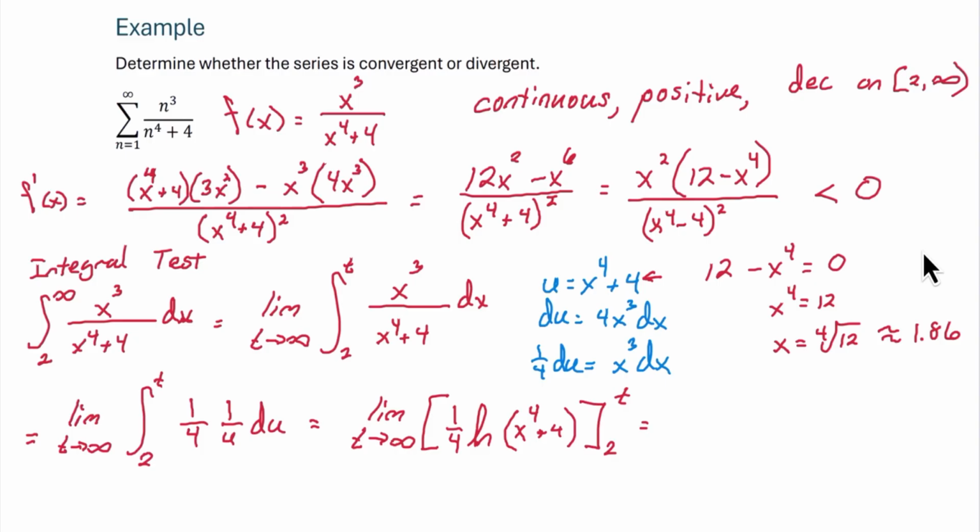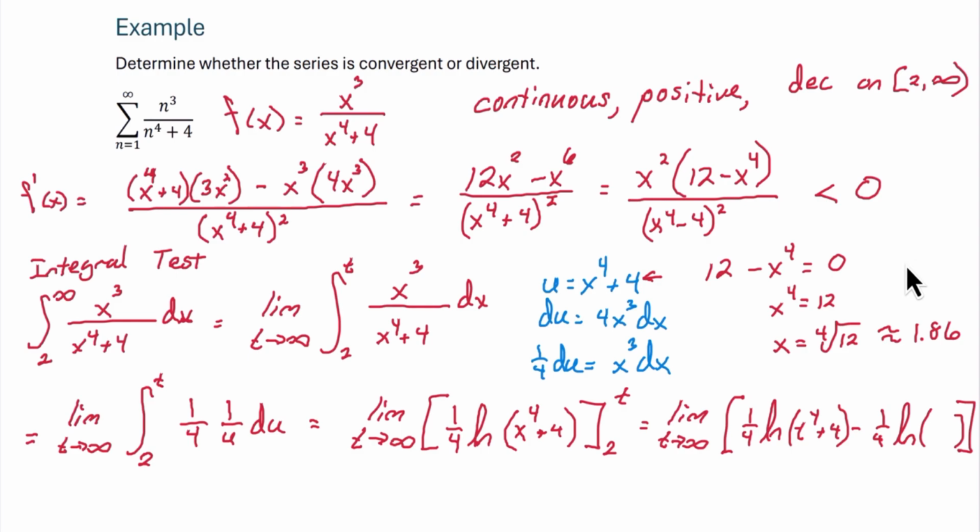So we now have limit as t approaches infinity of 1/4 ln of t to the fourth plus 4 minus 1/4 ln of, let's see, if we plug 2 in, we'll get 2 to the fourth, that's 16, plus 4 is 20.